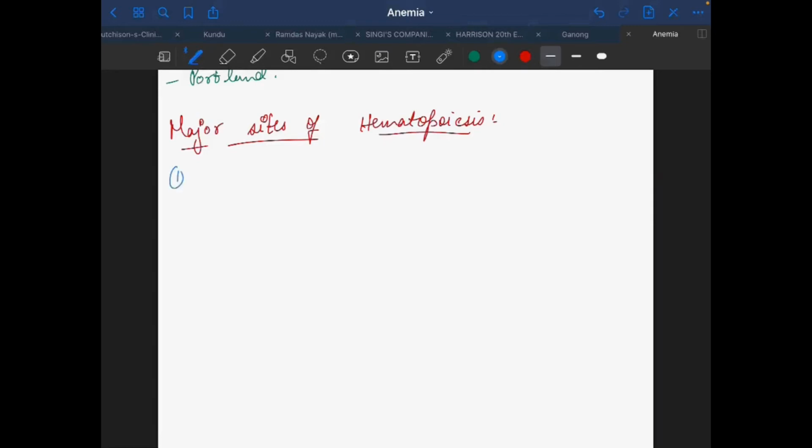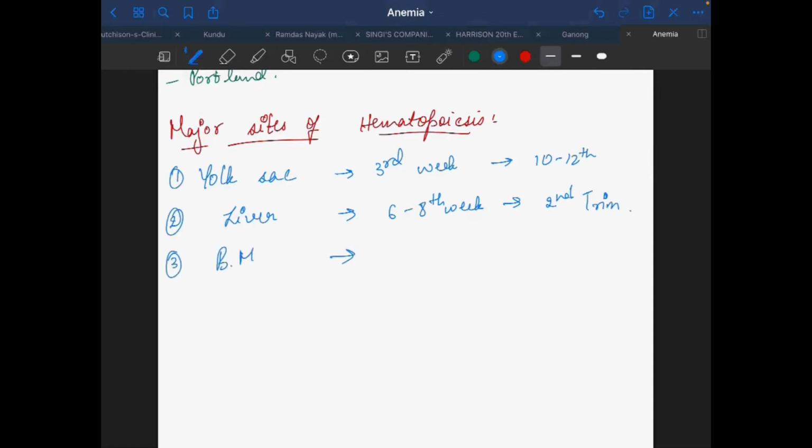It starts with yolk sac haematopoiesis at around the third week, continuing until the 10th to 12th week. Then you have haematopoiesis in the liver that starts around the 6th to 8th week and continues till the second trimester. Then you have the bone marrow, which starts after the second trimester and will continue.